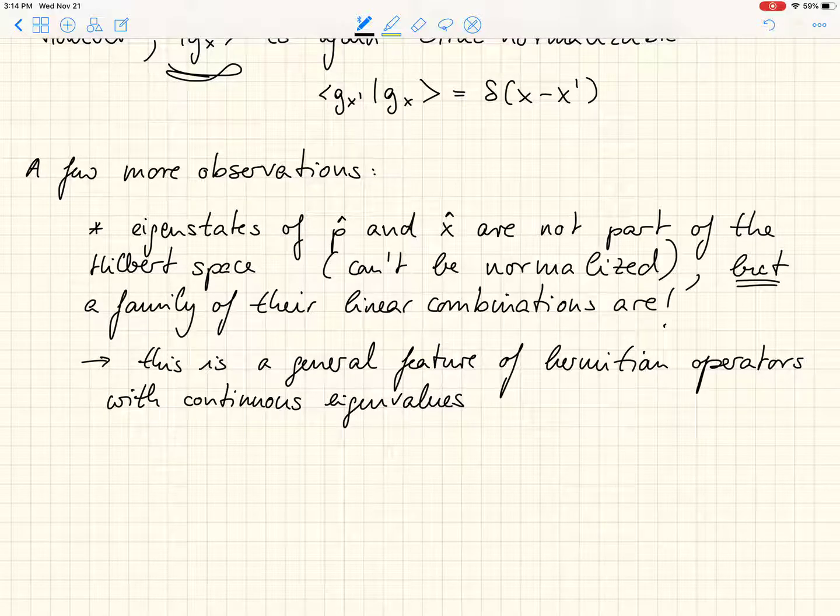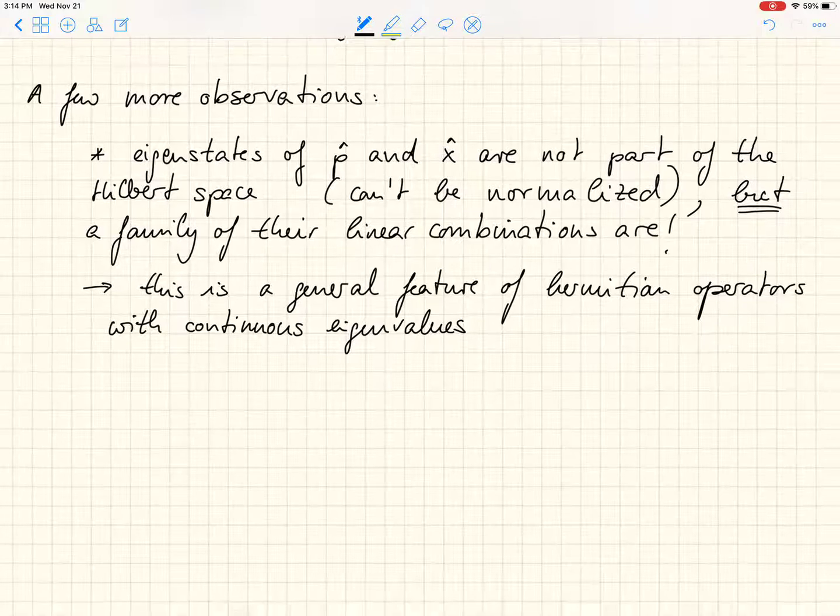So it's not necessarily special to the position and momentum operators, but if you come up with other observables that have continuous eigenvalues, you will see the same properties.